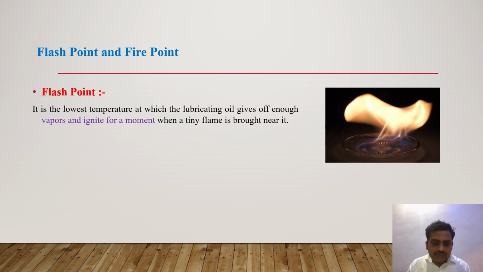Whenever we bring that tiny flame near the lubricating oil, the oil will convert into vapor form and try to catch fire. That is, it ignites for a moment when you bring the tiny flame near it. That temperature is recorded as the flash point.